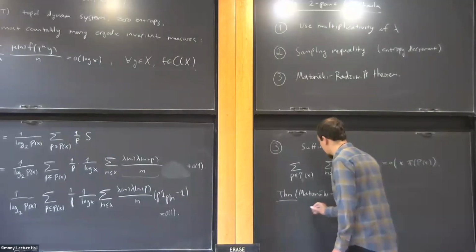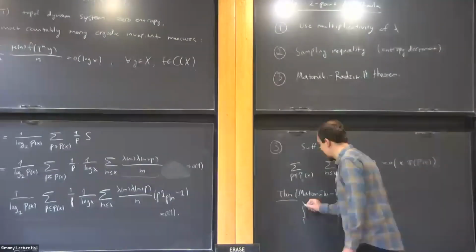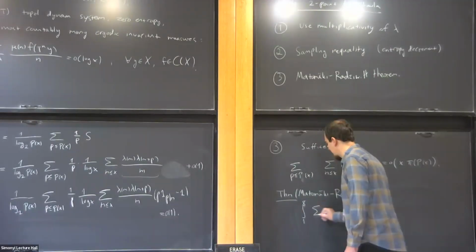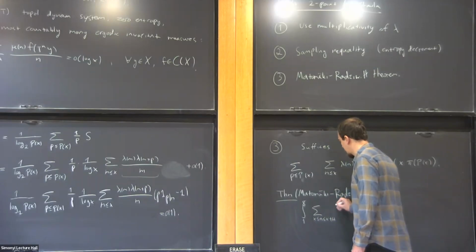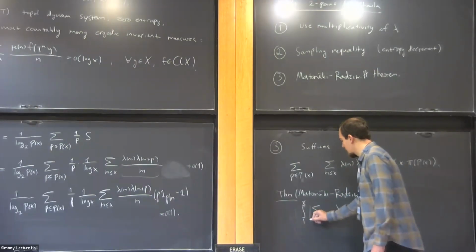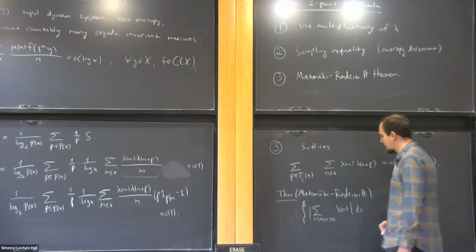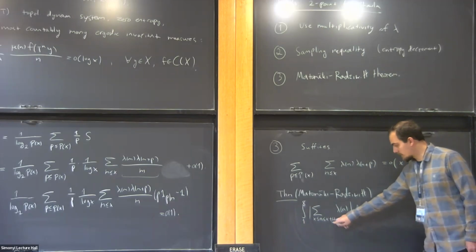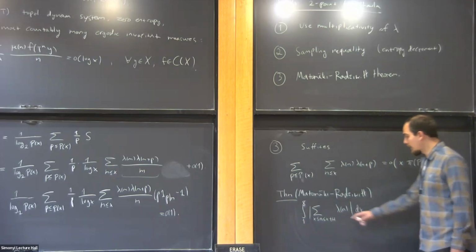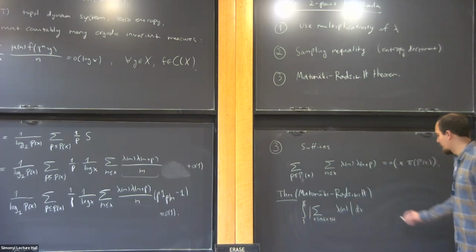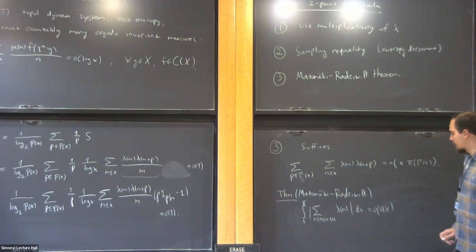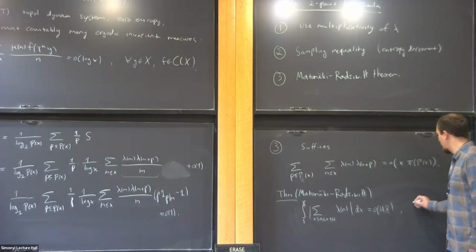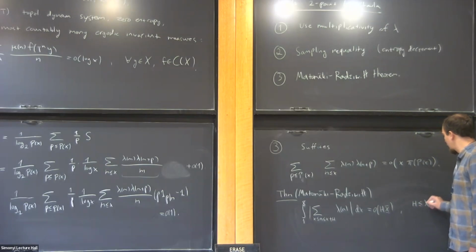It says that if you look at short sums of the Liouville function, so we have a short interval of length h, and we average over the different intervals, this is little o of h times x, provided only that h tends to infinity with x.